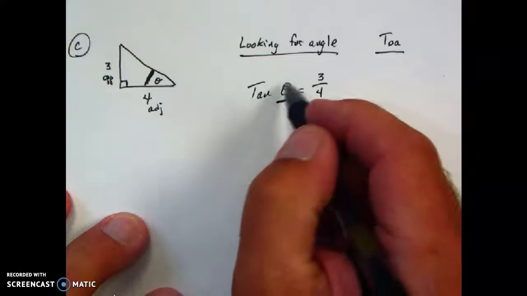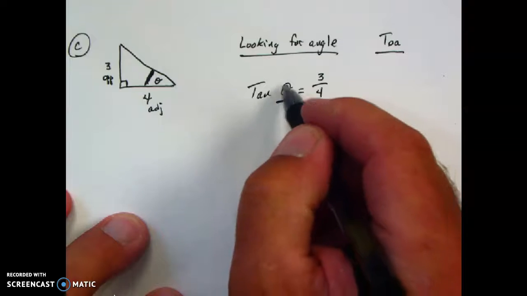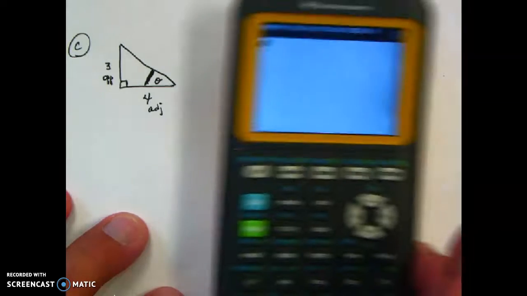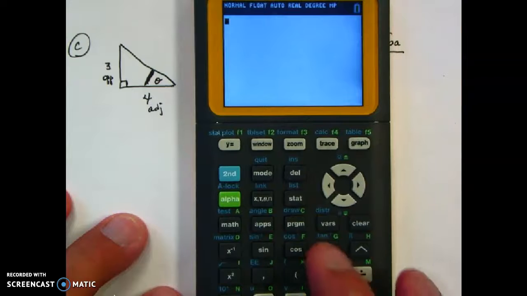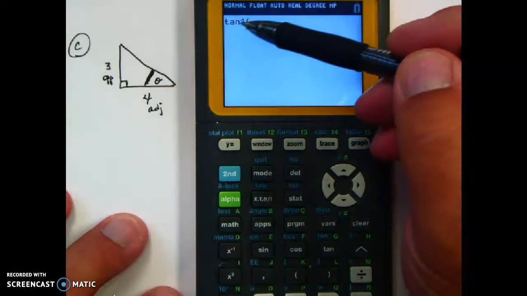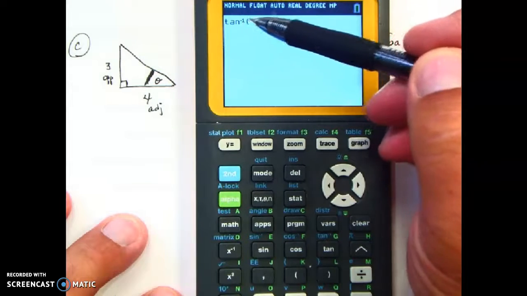Remember, to get the variable by itself, we use inverse operations. So the tangent of the angle is a ratio. On your handy-dandy calculator, we have tangent, but if we hit second tangent, we have that little -1 right there telling us that we're talking about the inverse tangent.